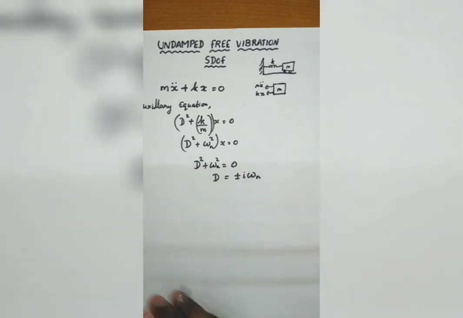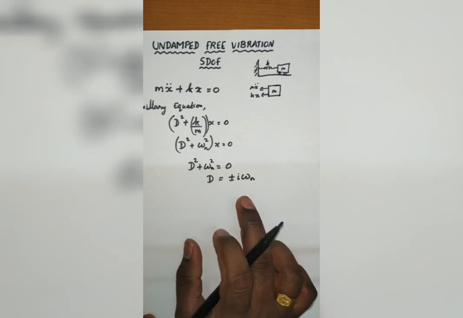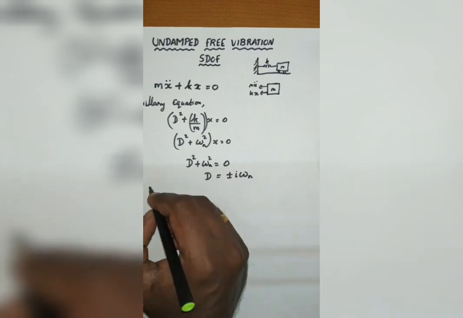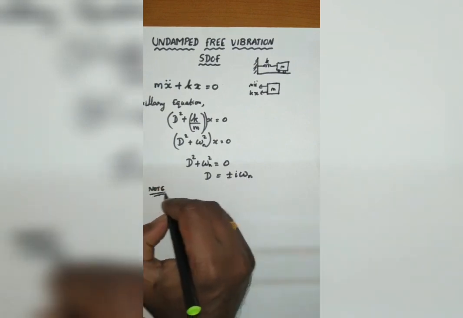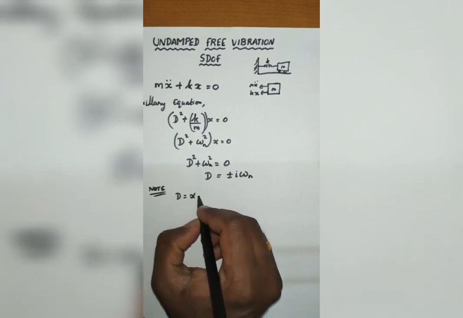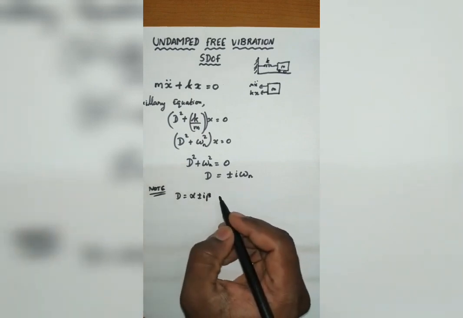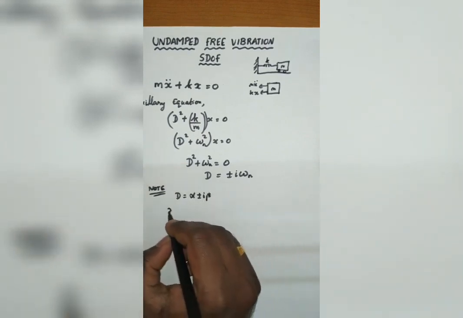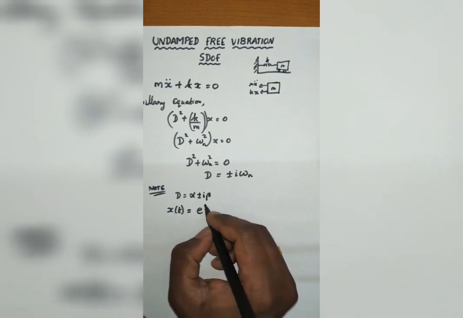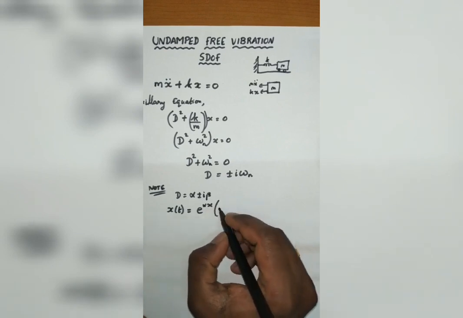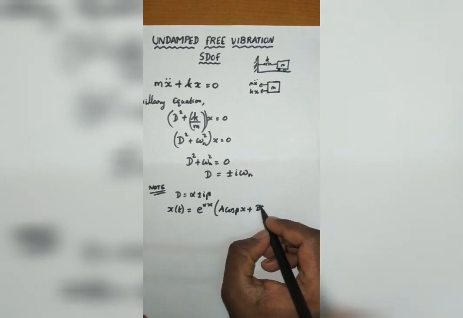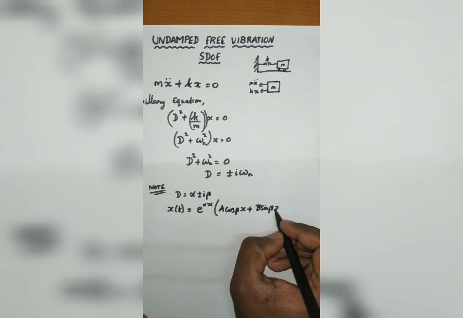For this auxiliary equation, I can write the solution in the following form. Just make a note: suppose you get the auxiliary equation in the form alpha plus or minus i beta, the solution we can write as x of t equal to e power alpha x of a cos beta x plus b sin beta x.